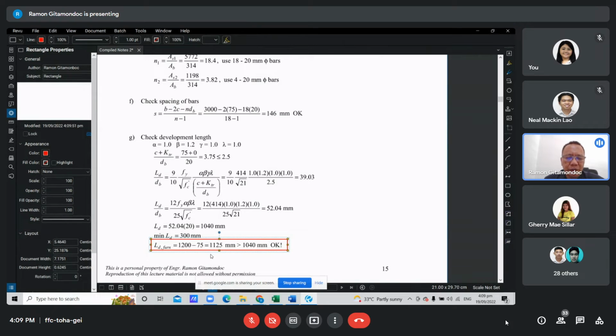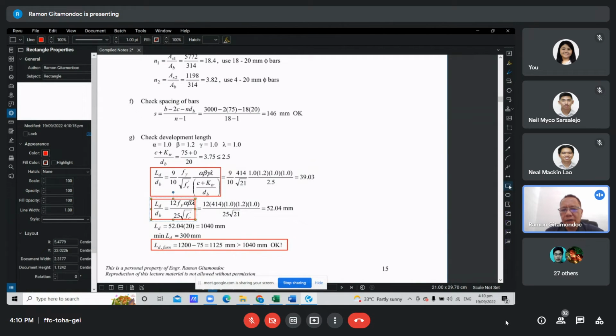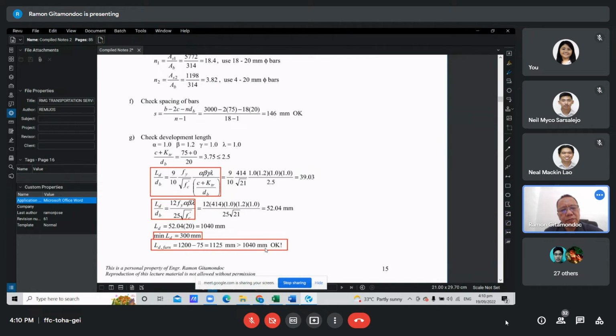Then compare this with the required development length. Here are the formulas for computing the required development length. This is the first formula, this is the second formula, then the third is the minimum.